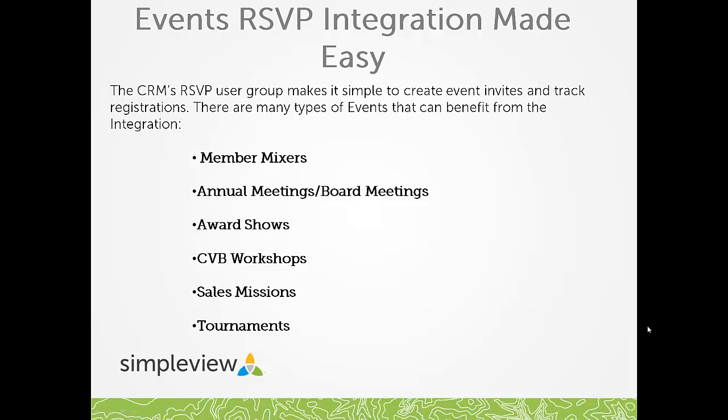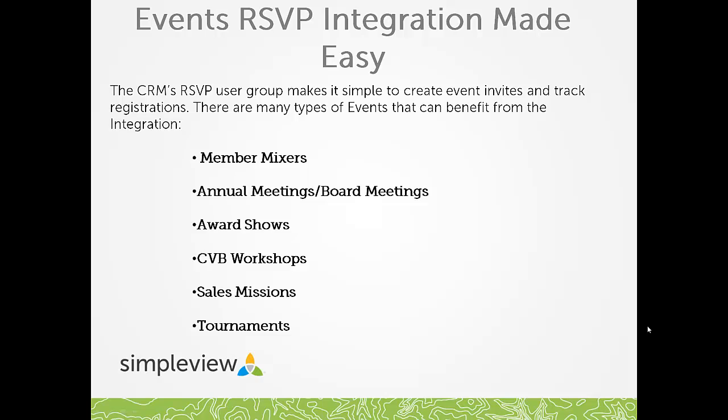The components, as we'll see, are going to allow you to track attendance, RSVPs, and spending for any type of event. But some examples clients have been using are member mixers, board meetings and annual meetings, award shows, CVB workshops. All of those types of things, we might want to send out invites to show our partners the benefit of working with the destination as they get invited to these types of events.